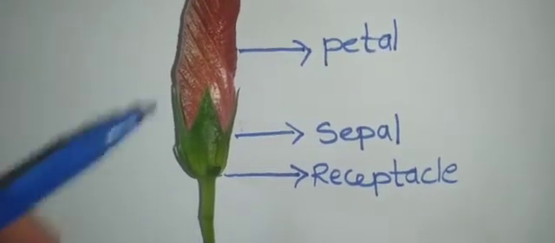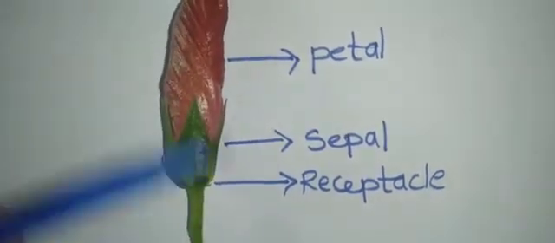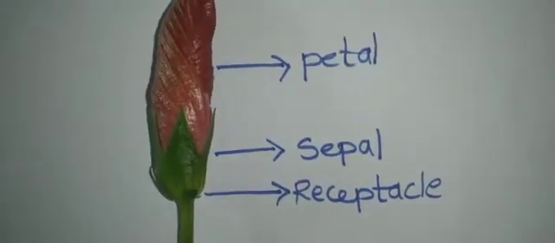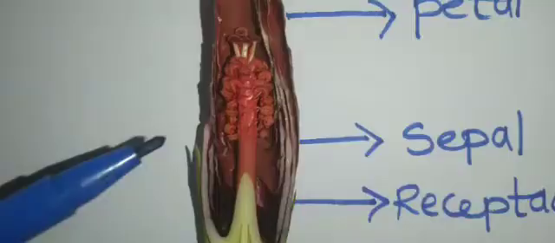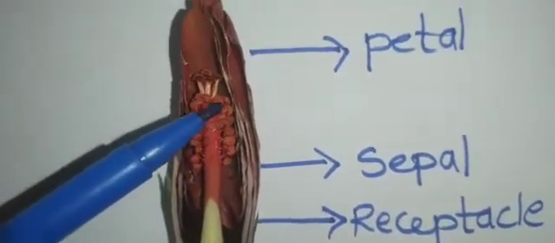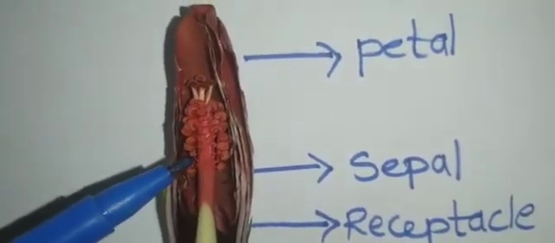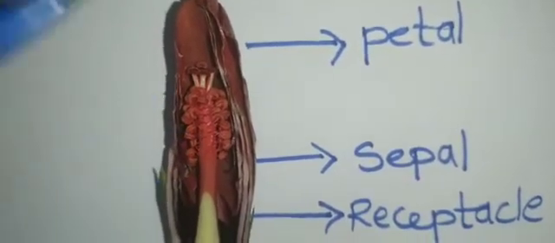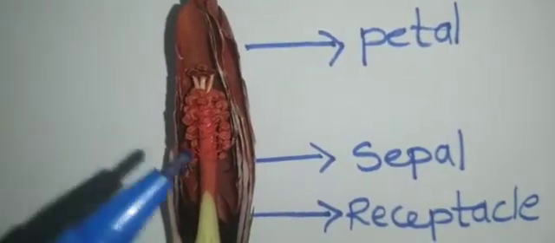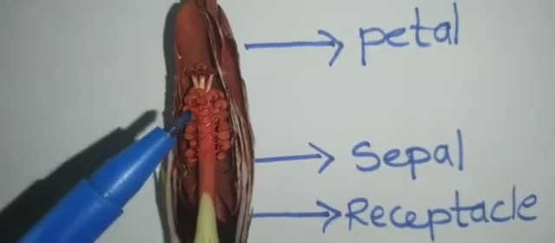When you remove these petals, you can see some stamens inside. These curve-like structures are called stamens. The stamen is the male reproductive part of a flower. Students, now I have removed the petals.